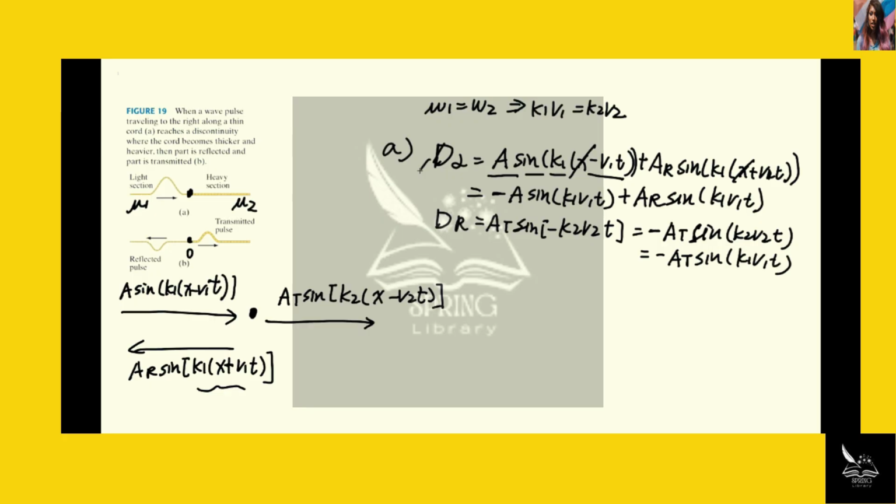Because these have to be the same, we equate them and the sine(k1 v1 t) cancels, and all we have left is negative A plus A_R equals negative A_T.